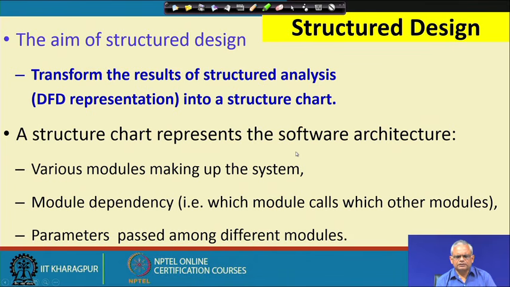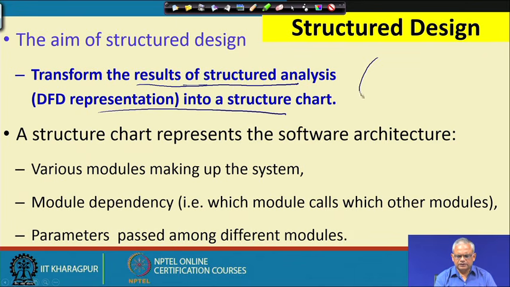Now, once the data flow diagram model is complete, based on the model we develop the design, the high level design, and we call the process structured design. Structured design takes the results of the structured analysis and transforms this structured analysis into a structure chart.